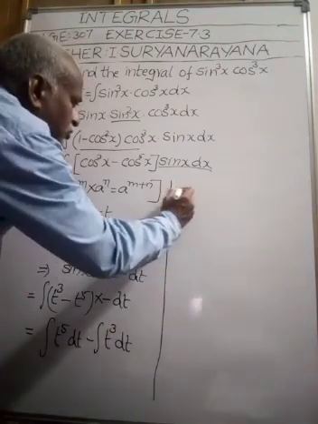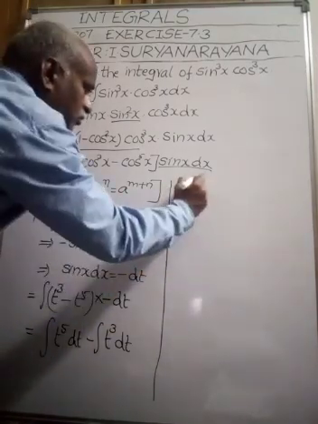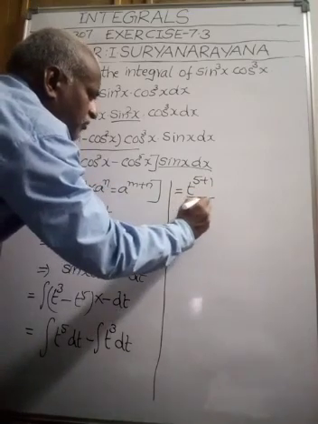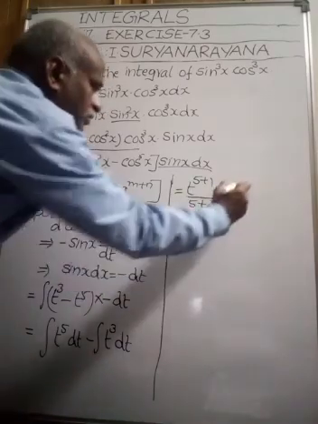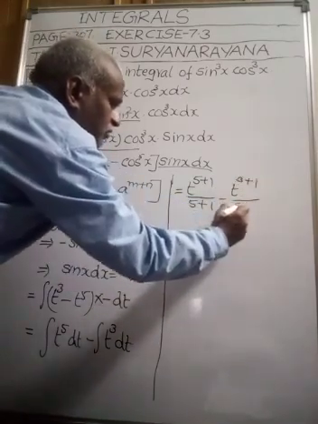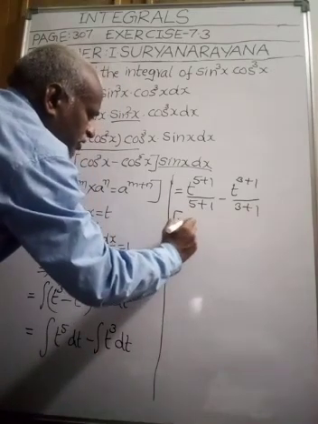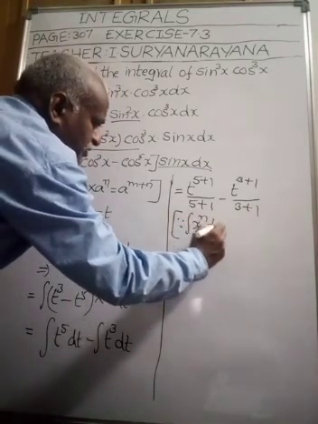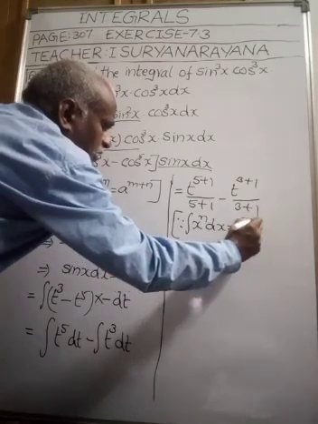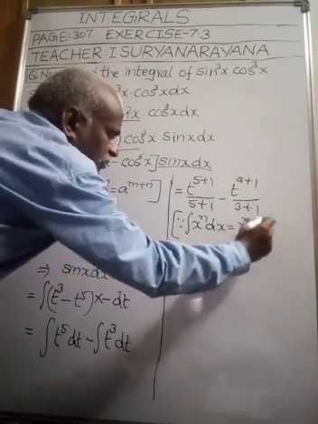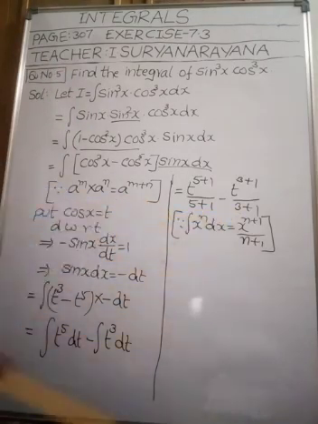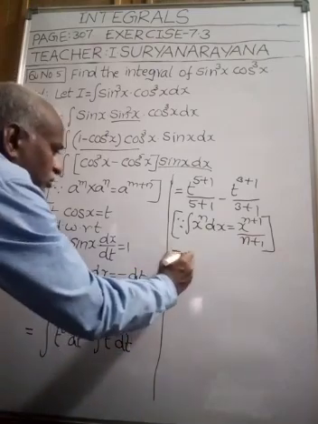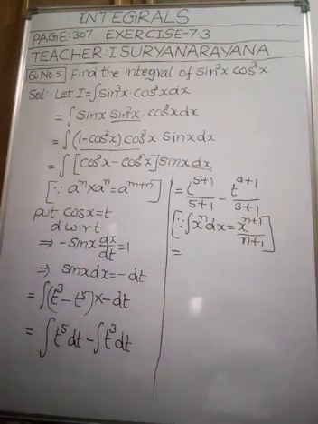So that is equal to t power 5 plus 1 by 5 plus 1, minus t power 3 plus 1 by 3 plus 1, because the integral of x power n dx is equal to x power n plus 1 by n plus 1. By using this integral formula, I wrote this step. Understood this step, my children? Right. This is equal to, the integration part is over. We have to simplify these terms. Okay, my children, understood? Right.